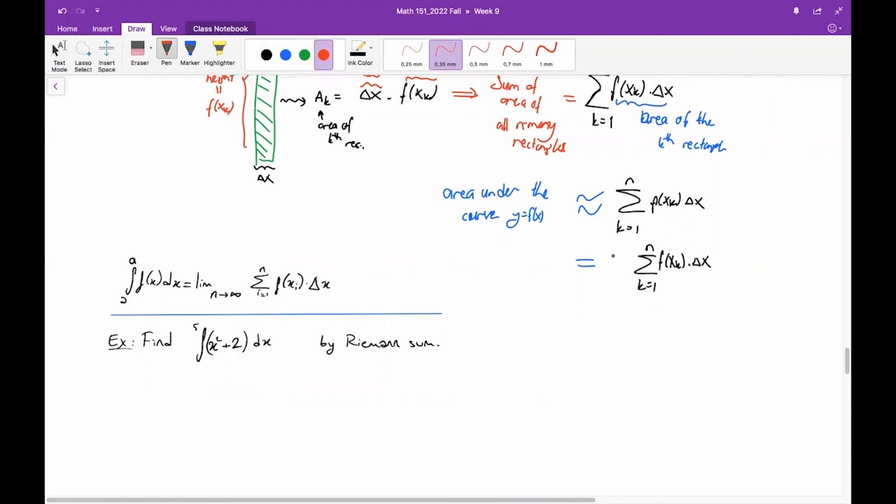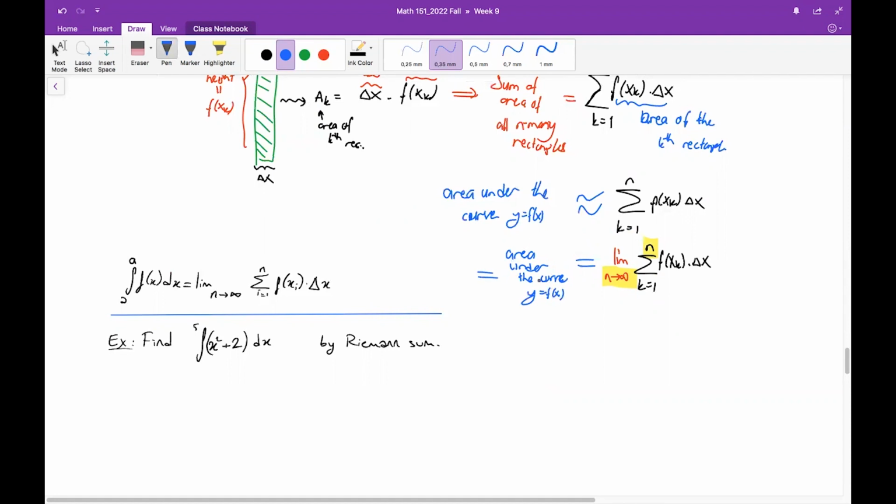So if you add here the limit as n goes to infinity, wherein n is the number of rectangles, only then will the right-hand side exactly equal the area under the curve y equals f of x.